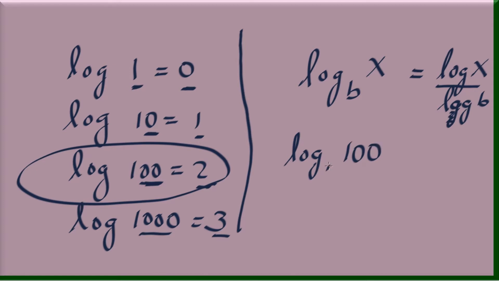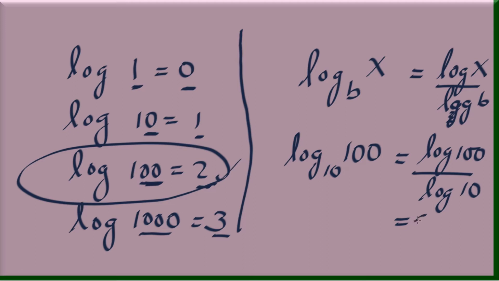I'm going to show the base here, which is 10. Using this formula, this is logarithm of 100 divided by logarithm of 10. We know that logarithm of 100 is 2, and logarithm of 10 is 1. So we have 2 divided by 1, which is 2. So you can use this formula also to evaluate logarithm.